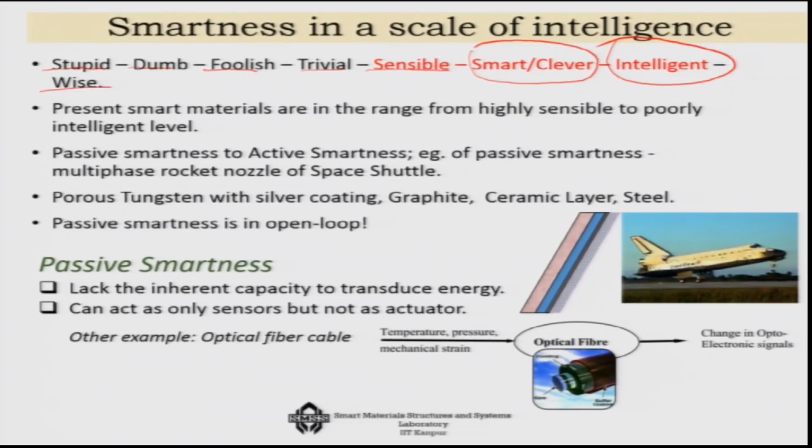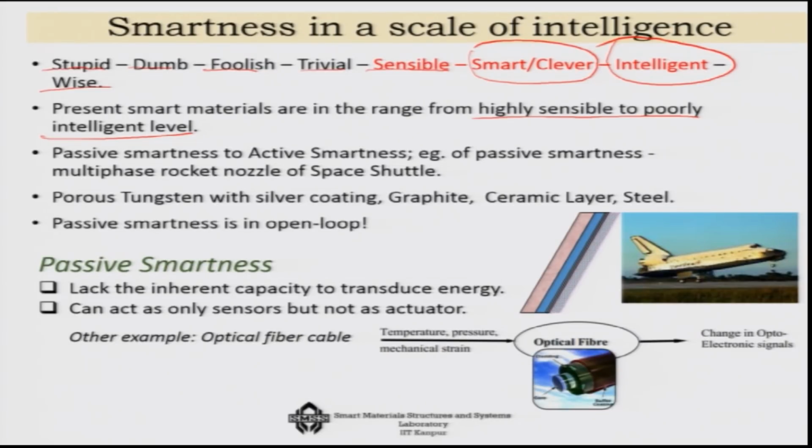But this is the direction in which we are trying to develop materials that become more and more intelligent. Present smart materials are actually in the range of highly sensible to maybe poorly intelligent. That is the range in which our smart materials are currently placed.